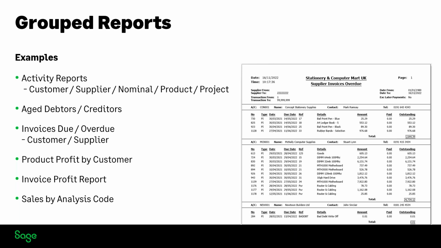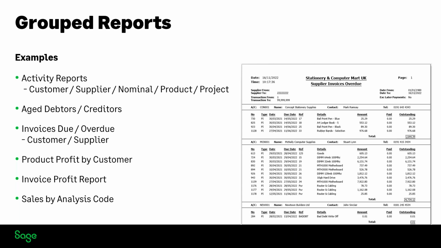Activity reports appear in several areas of the software, and they'll be grouped by either customer or supplier. In the screenshots we can see supplier invoices overdue: the transactions are listed, but they're grouped by each individual supplier. So it'll list the supplier, then it'll list the transactions. It's grouping it together. It's not just listing those transactions, it's breaking it up a little bit. I'm sure you're more than familiar with some of those.